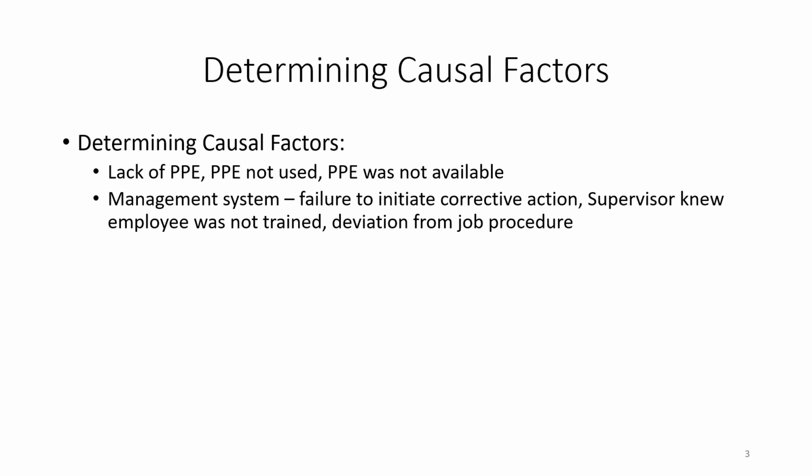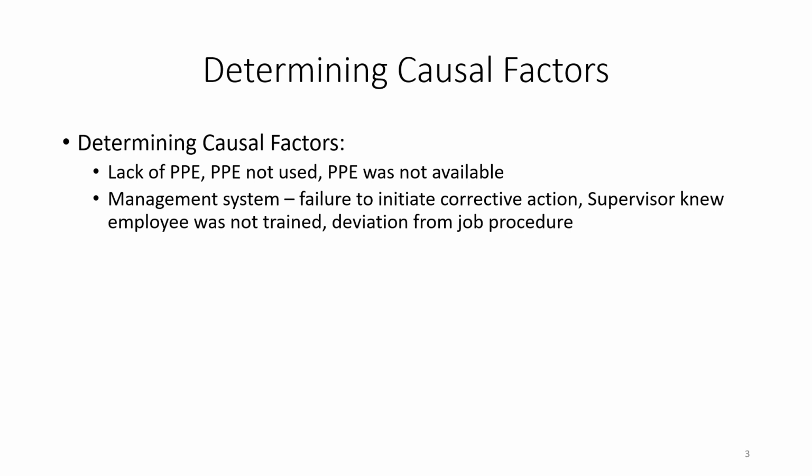And then the last one, we want to look at the management systems that we have out there. Is this a piece of equipment that folks have asked for corrective action, and there was a failure to initiate the corrective action? Was it something that the supervisor felt pressure to get things done?